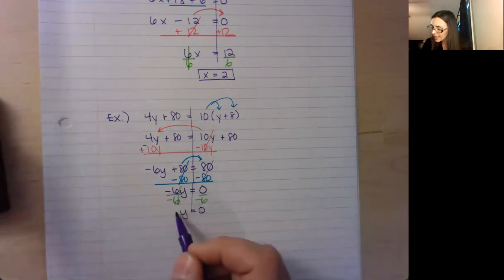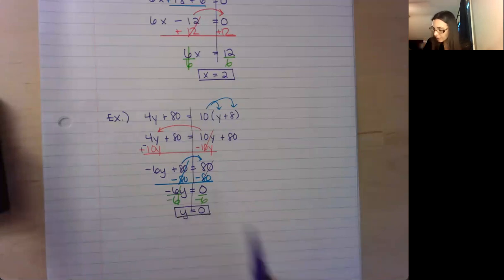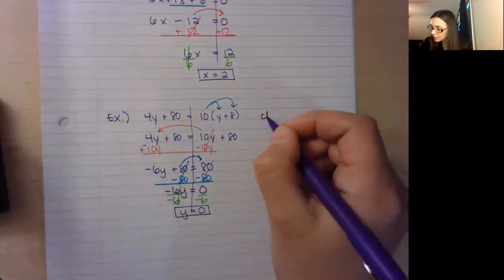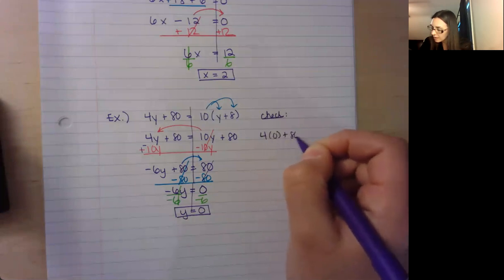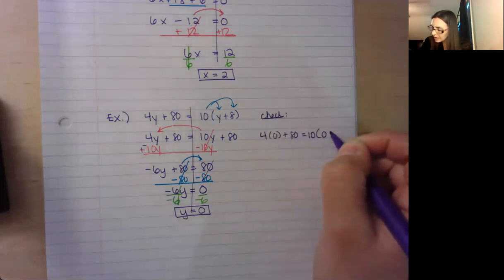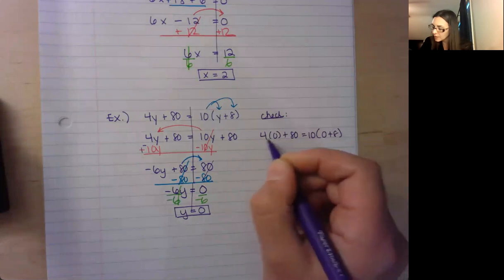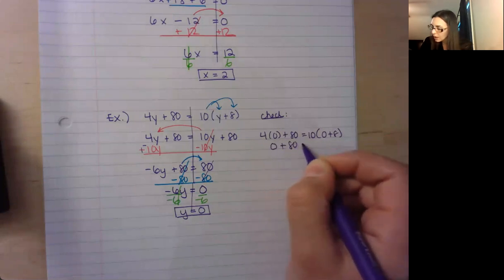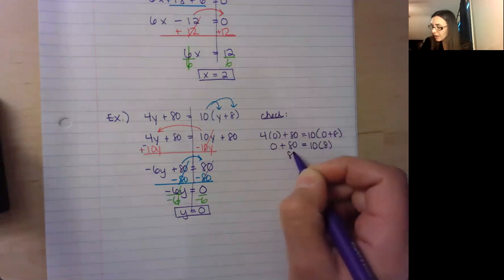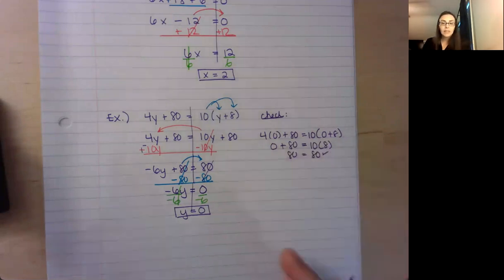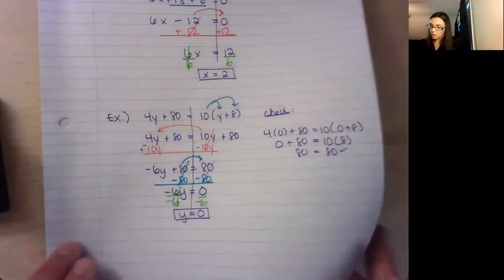So it is possible to have an answer of just 0, and it does check out, right? If I do 4 times 0 plus 80 equals 10 times 0 plus 8, 4 times 0 is 0. On the other side, 0 plus 8 is 8, and you can see that you do get 80 equals 80. So sometimes 0 is perfectly fine, and it's just a solution.